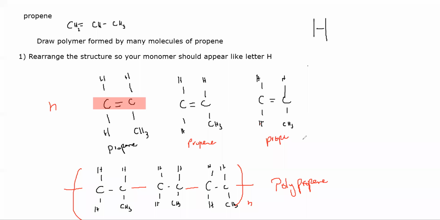Another example, copy this and I'll give another example. Where do we use this polypropene? As you have seen, these buckets made of plastic mainly consist of polypropene.